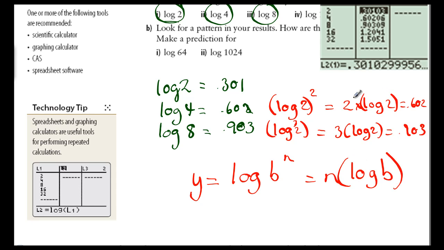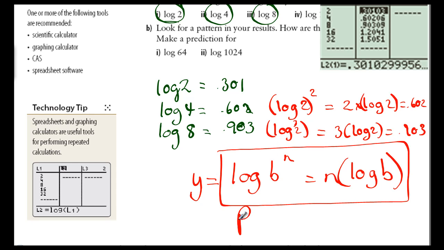Much like we did in these situations. We took the 2, we put it in front, and then multiplied it by the log of 2. We took the 3, put it in front, and multiplied it by the log of 2. The same thing holds true. So this really is the power law of logs.